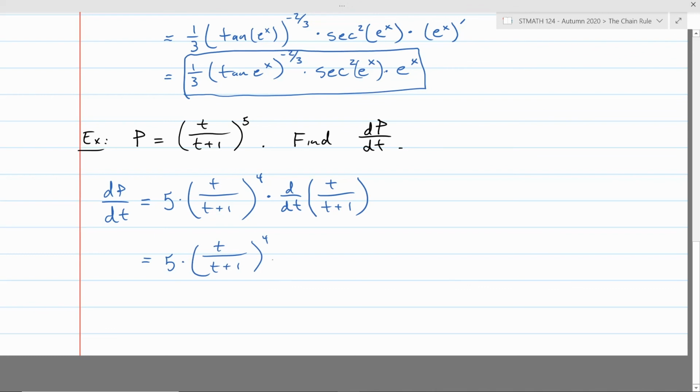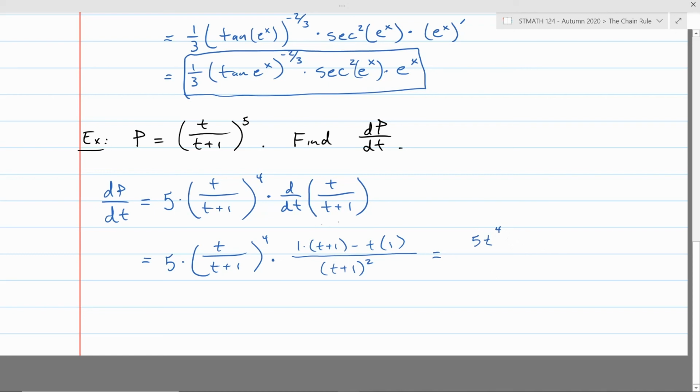The way that works is you take the derivative of the top times the bottom, so you just end up with 1 times t plus 1, minus, then leave the top alone, take the derivative of the bottom, you get just 1, and that'll be all over the bottom squared. And we could do a quick simplification here. That'd be 5 times, looks like we'll get, could write it this way, 5t to the fourth, and then in that fraction on the right side of that expression, there's a t and a negative t in the numerator.